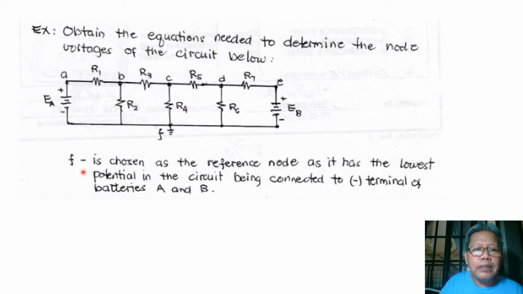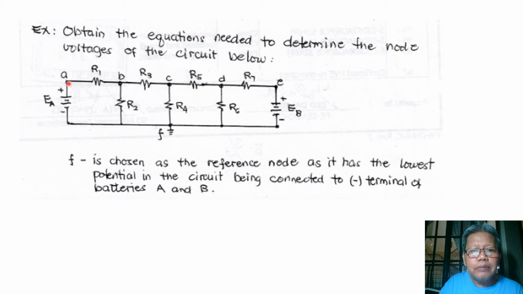Now, we'll have an example to illustrate the nodal method. In this example, we have to obtain the equations needed to determine the node voltages of the circuit below. So this is our circuit consisting of several resistors, and we have two batteries at both ends, and we labeled the nodes and junctions as these.